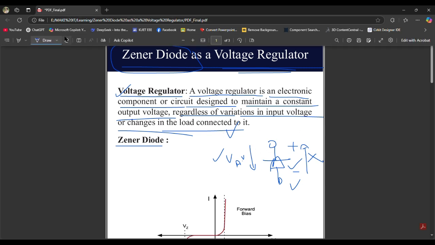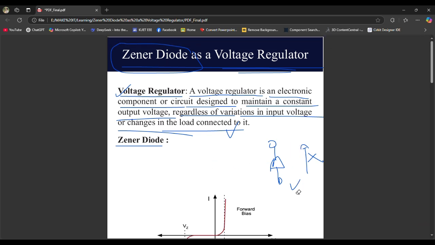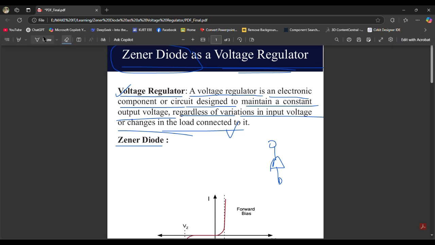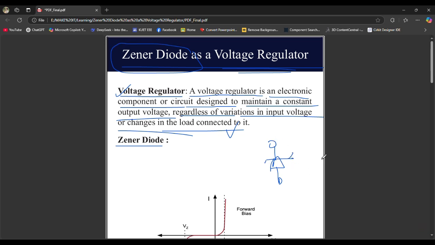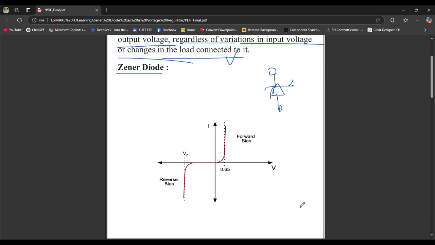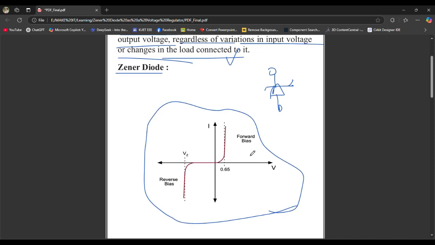But when we go to the Zener diode, in a forward bias condition, the Zener diode works completely as a normal diode. That means if we see the VI characteristics, in forward bias, after a certain voltage like 0.7 volts or 0.65, it will let the current flow through it without any barrier, working as a short circuit.